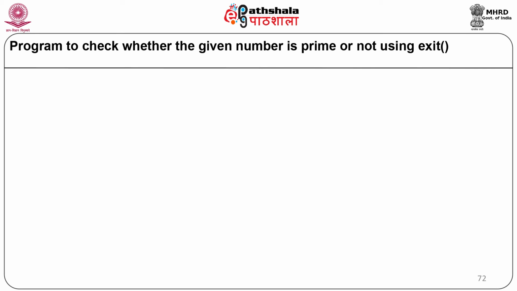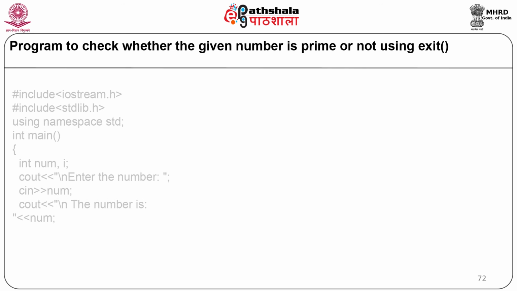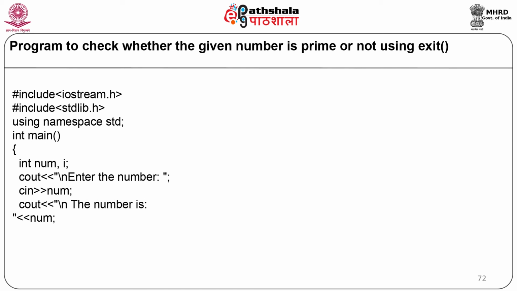Let us see the program to check whether a number is prime or not using the exit statement. #include <iostream>, #include <stdlib.h>, using namespace std, int main will start the program. int num and i. We display the message to the user, enter the number, and take the input as cin num, then cout the number is num.